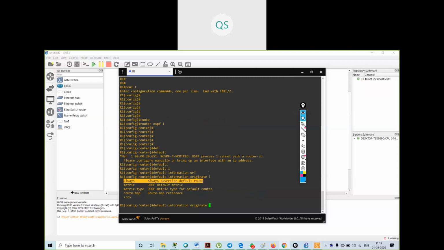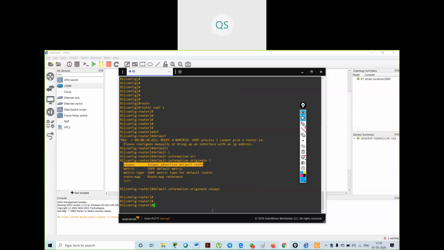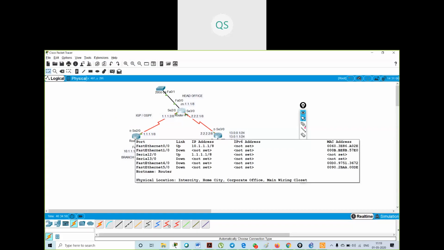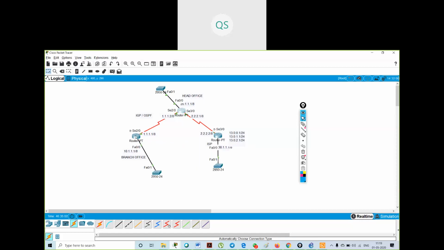So this is the command that I will be using: default-information originate always. Whenever I turn off this interface, I will still get the advertisement of the default route over here. Understood?